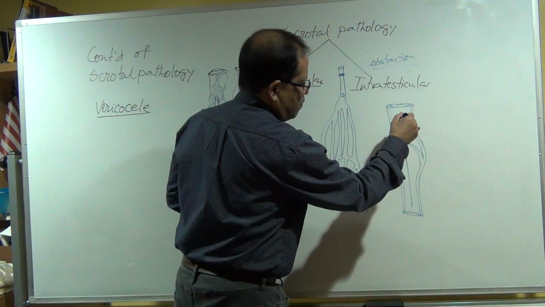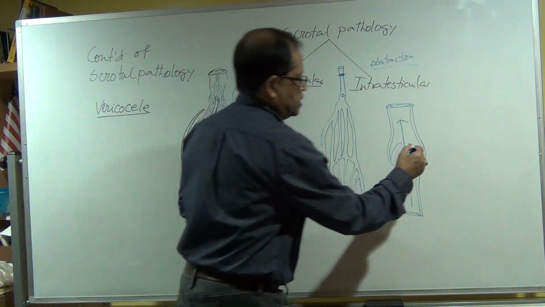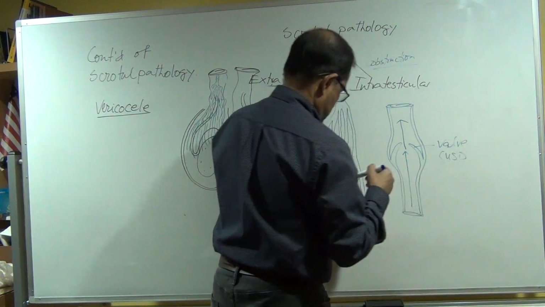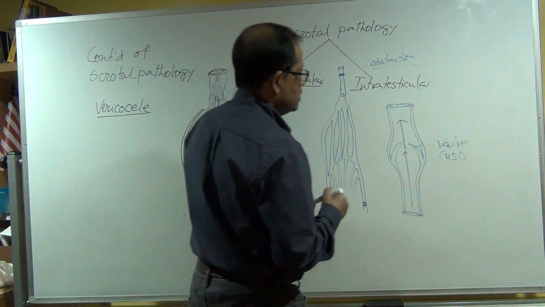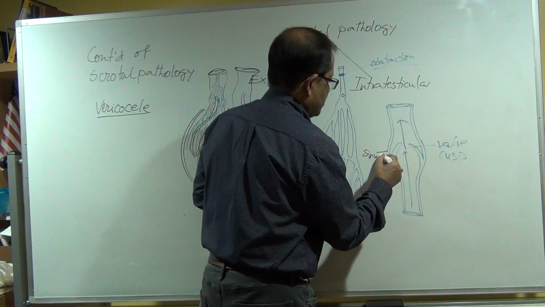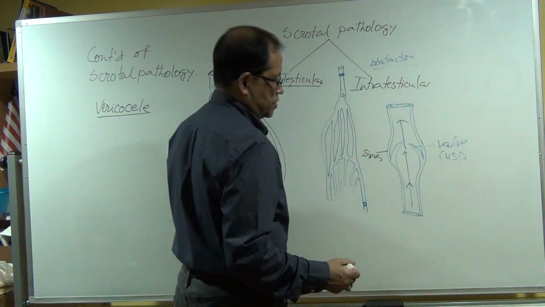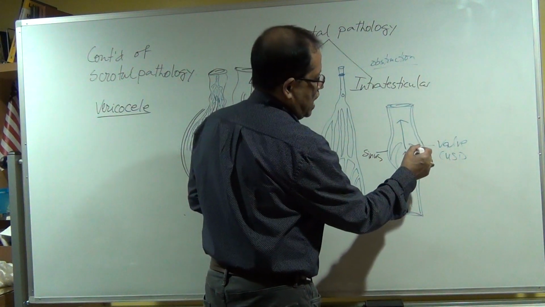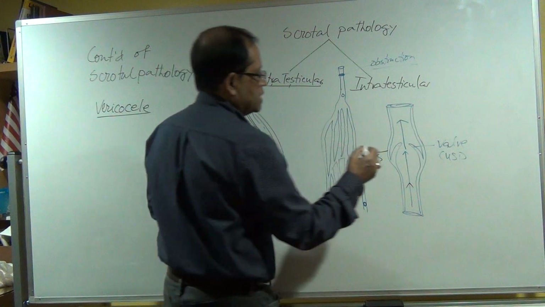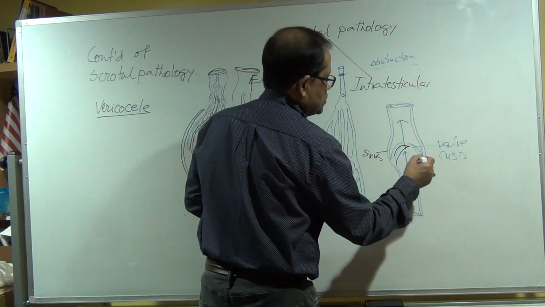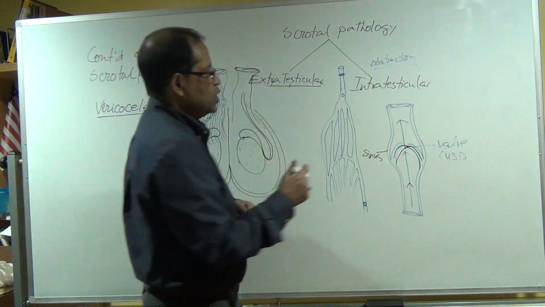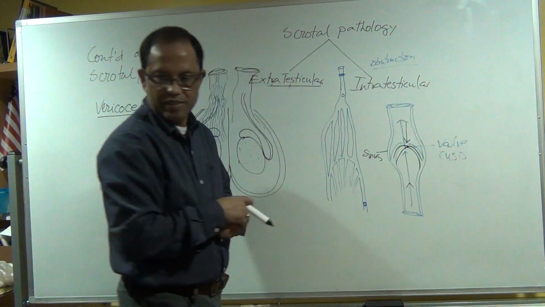After the valve, so this is the valve cusp. The whole thing is a valve, and this is called the sinus, and this is the flow direction. When this blood passes after the valve cusp, the cusp should be closed like that, and this valve will be closed so that this blood cannot go back.